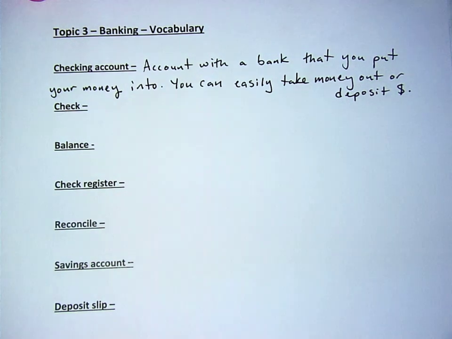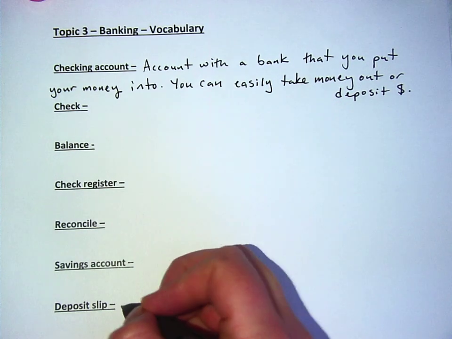What does the word deposit mean when it is talking about banking? To like put money into. Right, so you can either withdraw money, which is taking money out, or you can put money in by depositing. When you put money in, you use something called a deposit slip.